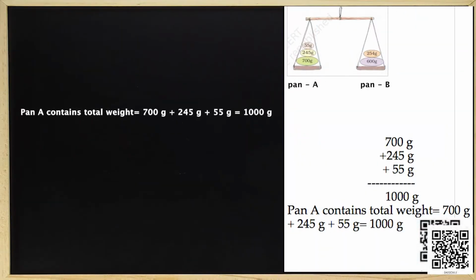Let us find out. Pan A of the balance contains a total weight equal to 700 gram plus 245 gram plus 55 gram, and 700 gram, 245 gram and 55 gram total is 1000 gram, whereas pan B contains a total weight equal to 1 kilogram.